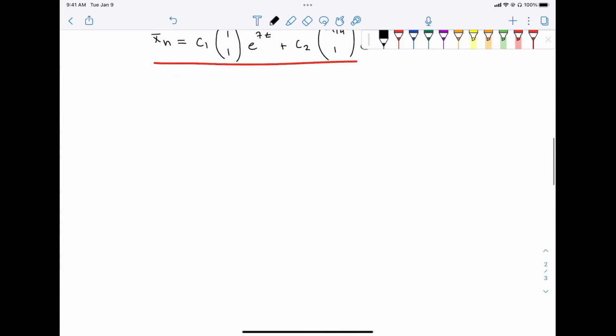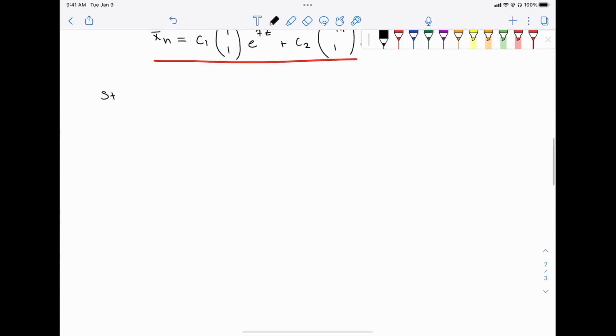Step 2 is going to be apply the method of undetermined coefficients. So this, unfortunately, is kind of an art, and there's no perfect way to do this 9 times out of 10.